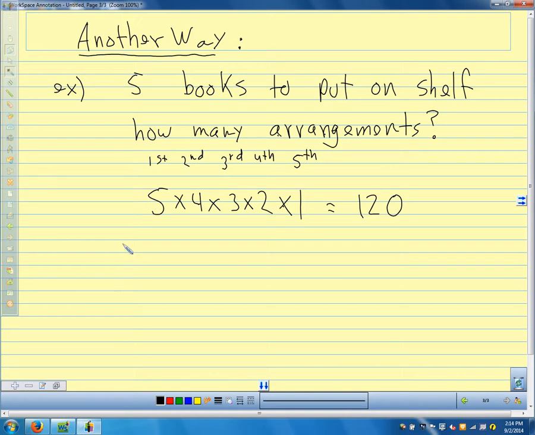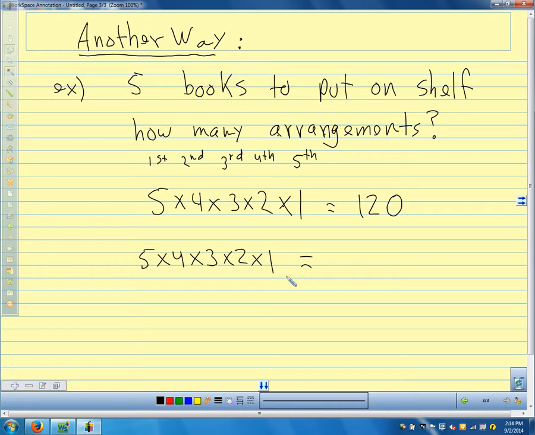This operation, taking a number and then multiplying it by every number smaller than it, 5 times 4 times 3 times 2 times 1, 6 times 5 times 4, et cetera, comes up so often and in so many different ways that we give it a special name. And we also give it a special symbol.